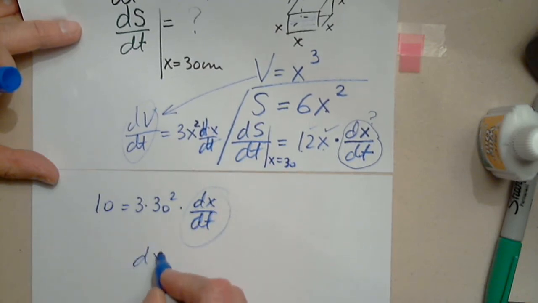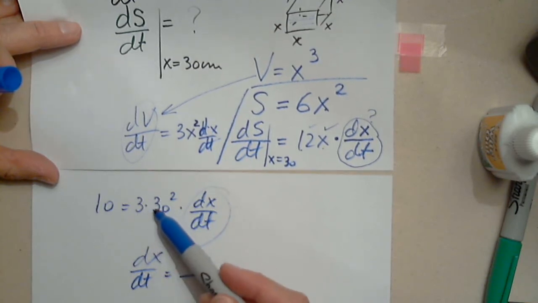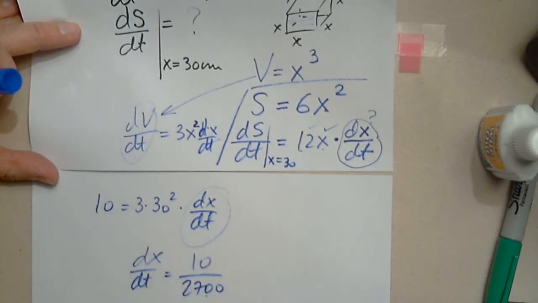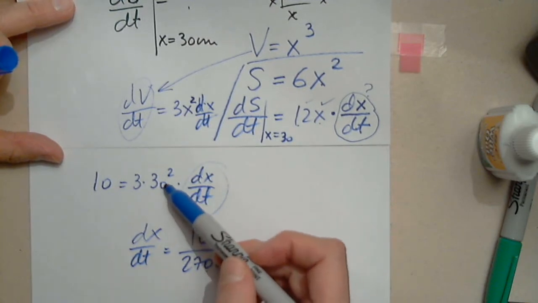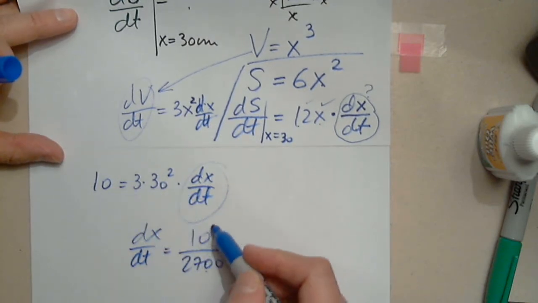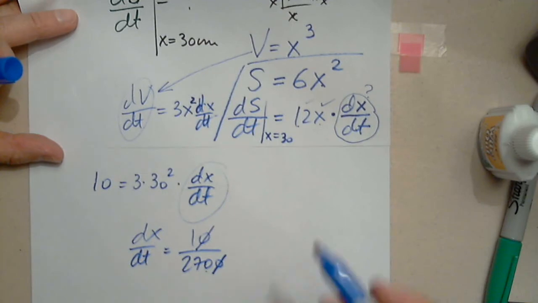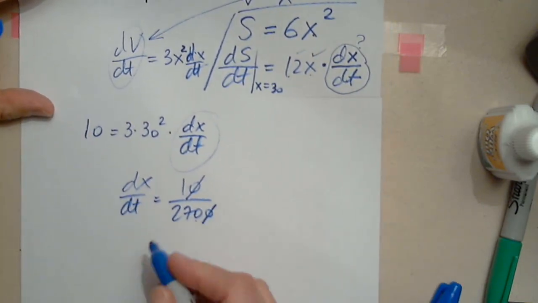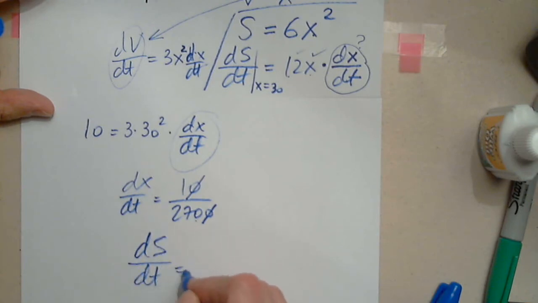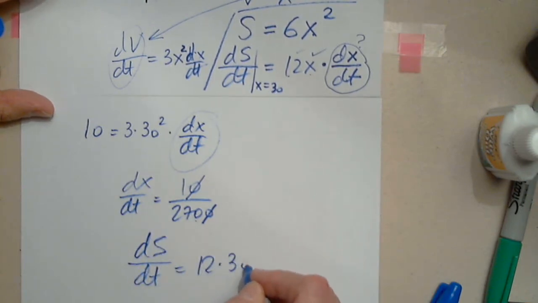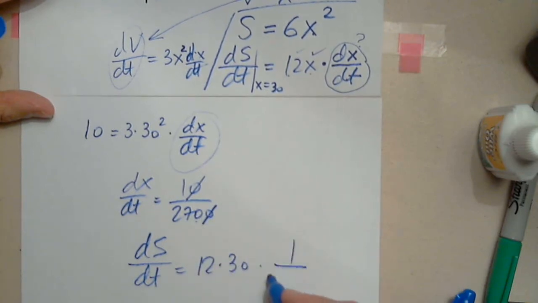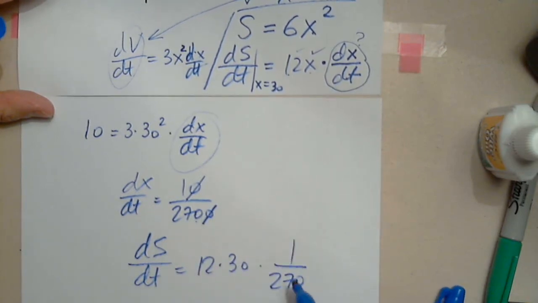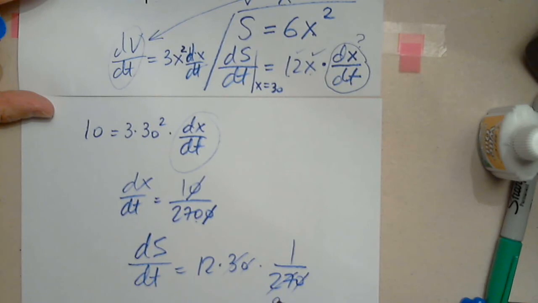So this will be dx over dt equals 10 divided by 3 times 900. Have to square first. 900 times 3, 2700. I'll simplify. And now I plug it in. So then I have ds over dt equals 12 times 30 times 1 over 270. And I'll simplify, and I get 12 over 9.